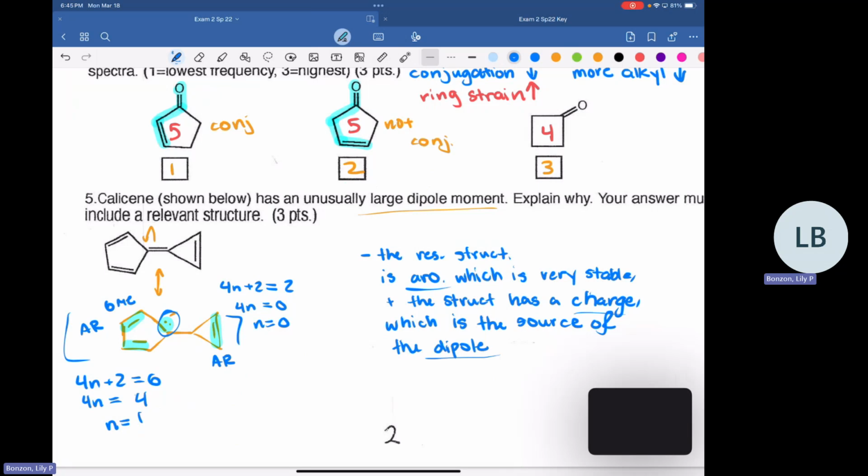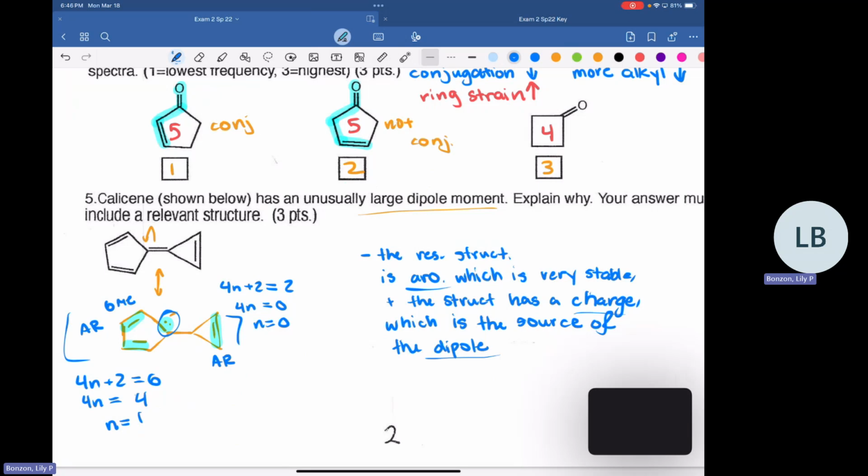Well, the dipole moment comes from the charge. So the reason why this one has the dipole moment and the reason why we're factoring in the aromaticity is just because when we form that resonance structure, it forms a charge, and then the aromaticity just kind of keeps it in that structure. So if we formed a benzene from the resonance, that wouldn't have a dipole moment because there wouldn't be a charge.